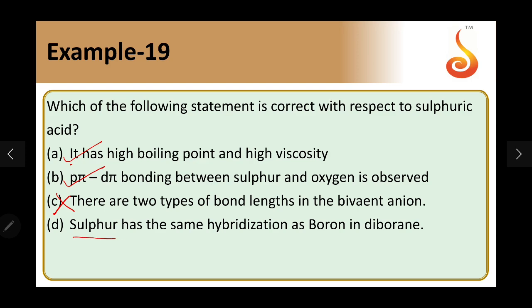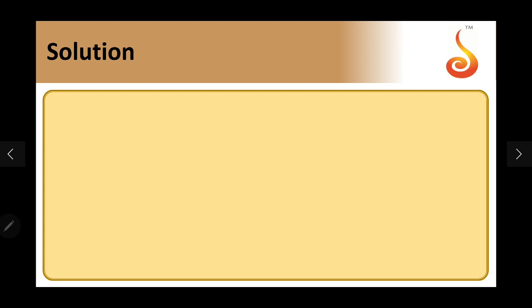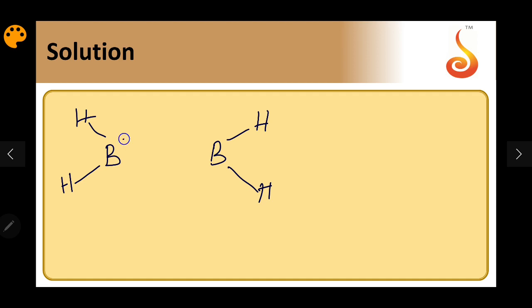Sulfur has the same hybridization as boron in diborane. If I take the structure of diborane, B2H6, so B, H, H, then B, H, H. There is a banana bond between the two boron atoms.